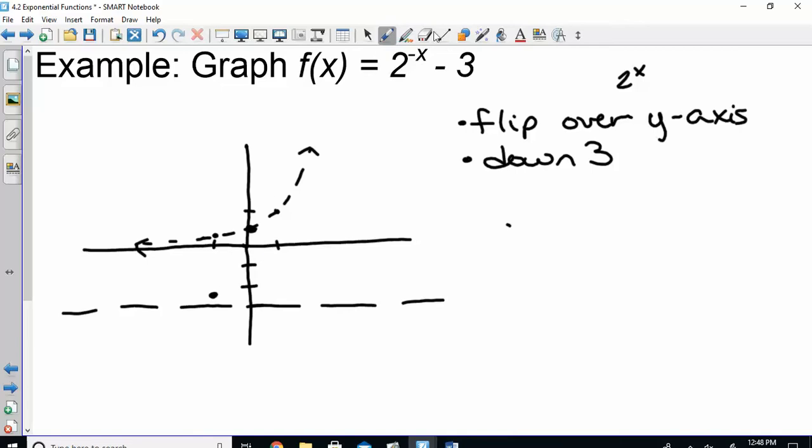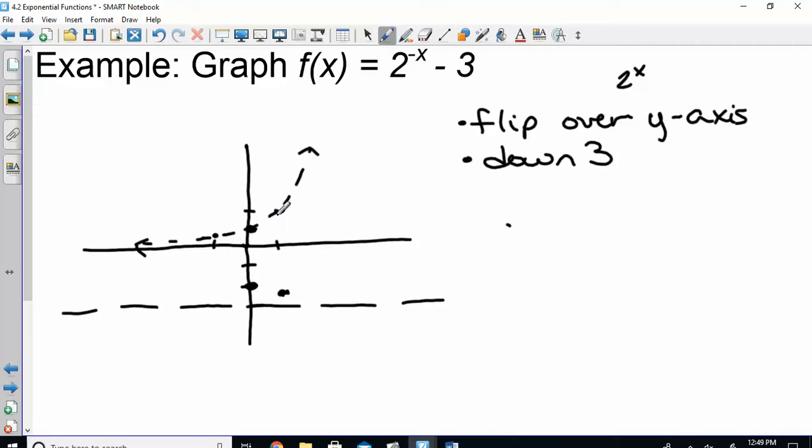So then just move your points down. Oh, and I have to flip as well, don't I? So, if I take my 0, 1, if I move that down 3, if you flip it over the y, it doesn't go anywhere. If I take -1, 1/2, down 3, then flip it over the y, it's going to be at +1, -2.5.